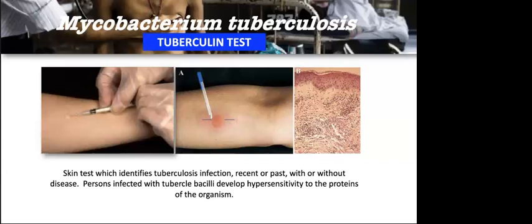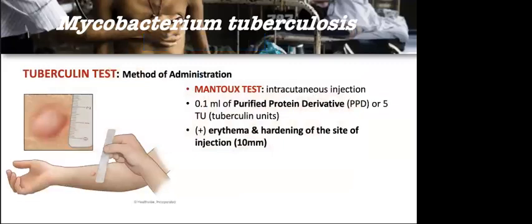After 48 to 72 hours, we watch for the production of an area of induration. The Mantoux is the most common method of skin testing for TB.